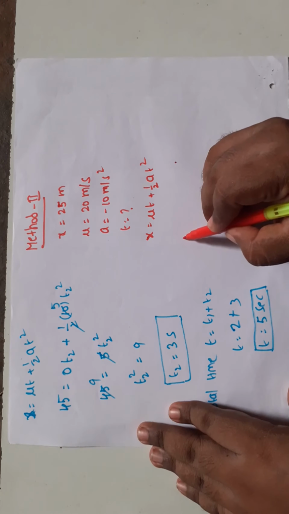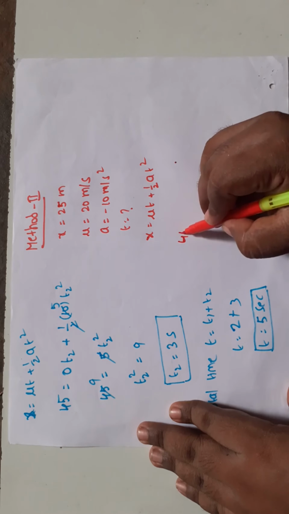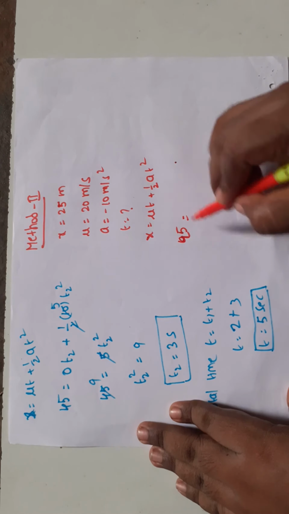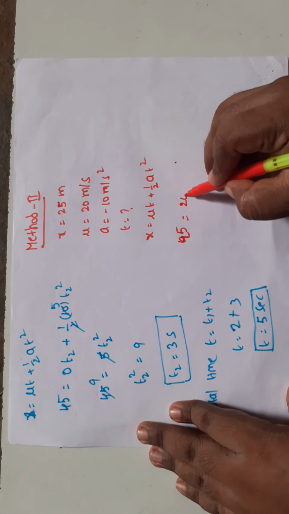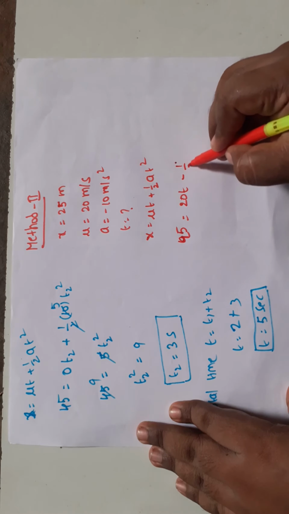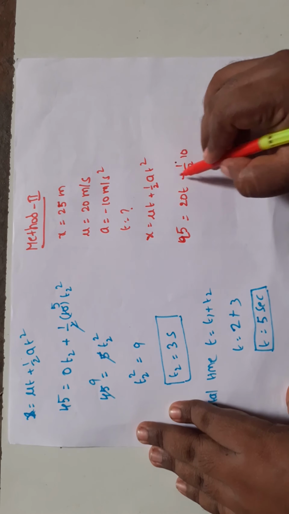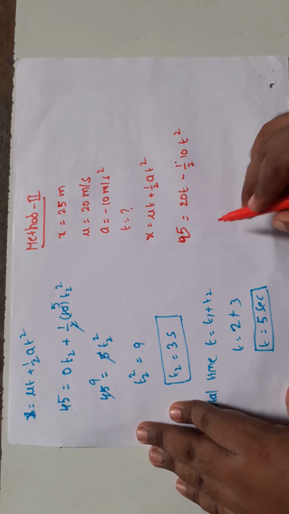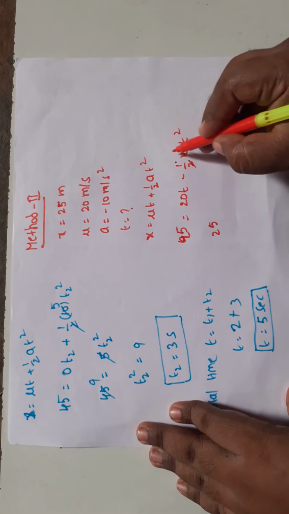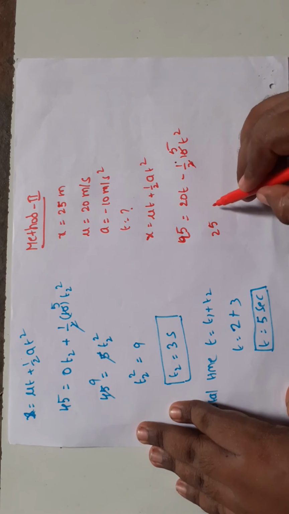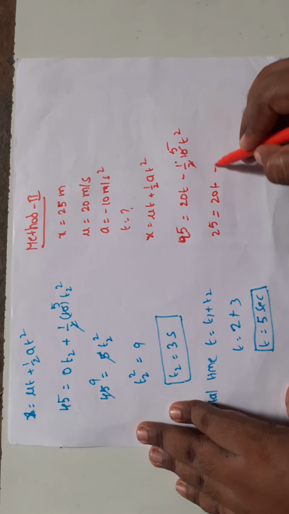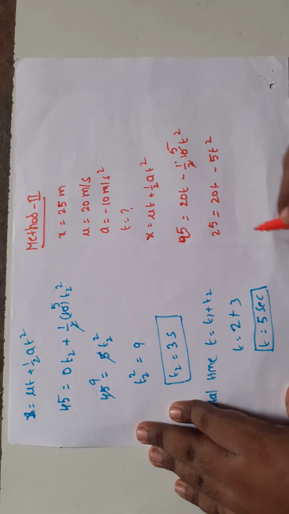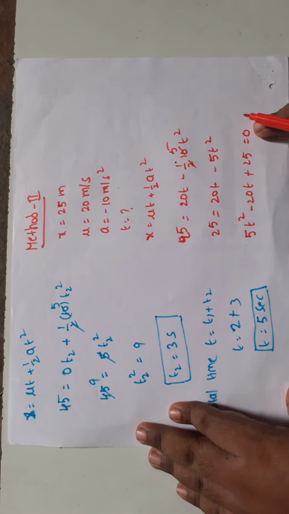So x value 25 equal to u value 20t minus 1 by 2 acceleration 10 t square. 25 equal to, how many times gets cancelled? 5 times. 25 equal to 20t minus 5t square. 5t square minus 20t plus 25 equal to 0. This is the equation.